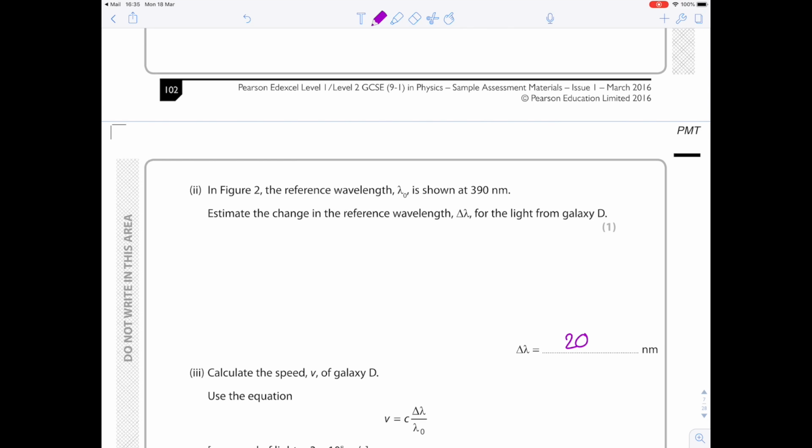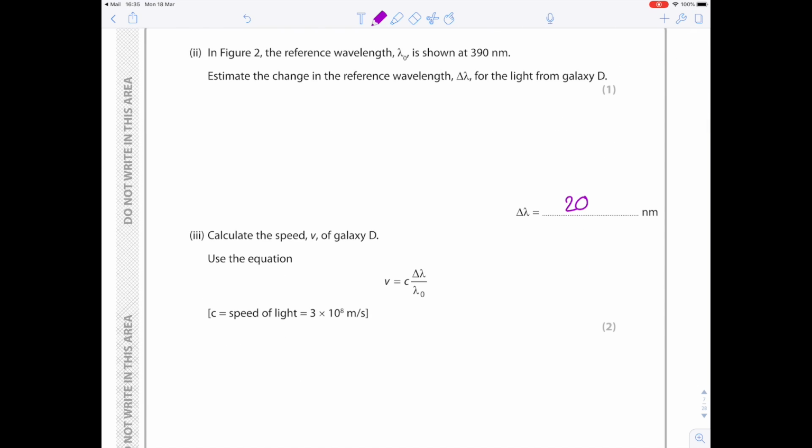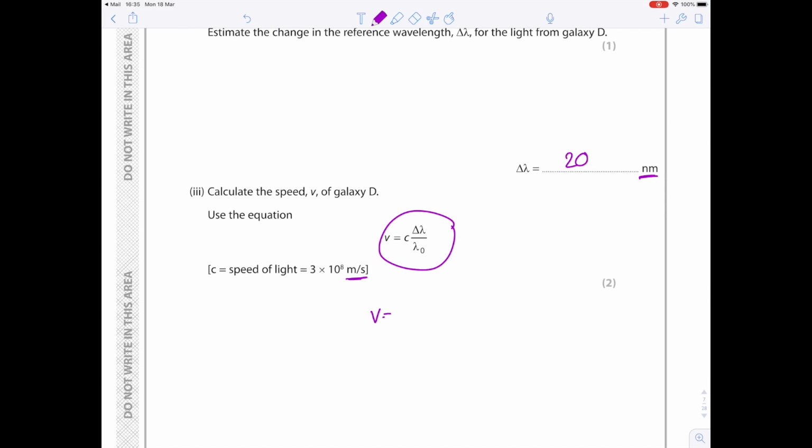Calculate the speed v of galaxy D. Use this equation. We've been given the speed of light, and just be really careful with your units because we've got nanometers up here, meters per second here. So although they've given us the equation, we do need to be a little bit careful. So I'm going to write the equation out. v equals c delta lambda over delta lambda naught. c, we've been told, is 3 times 10 to the 8, so that's the speed of light. And according to this equation, we need to multiply it by delta lambda, which we've just worked out in the question above, is 20 nanometers.